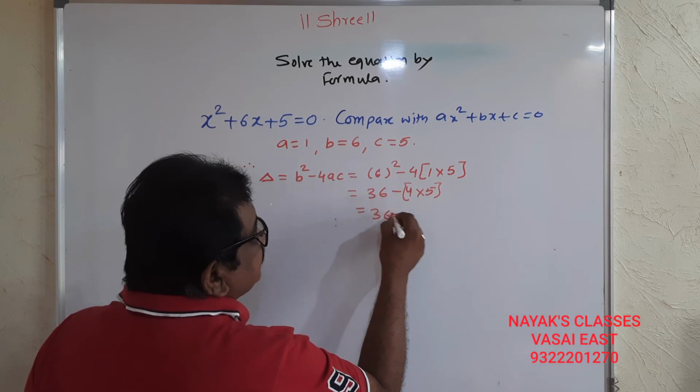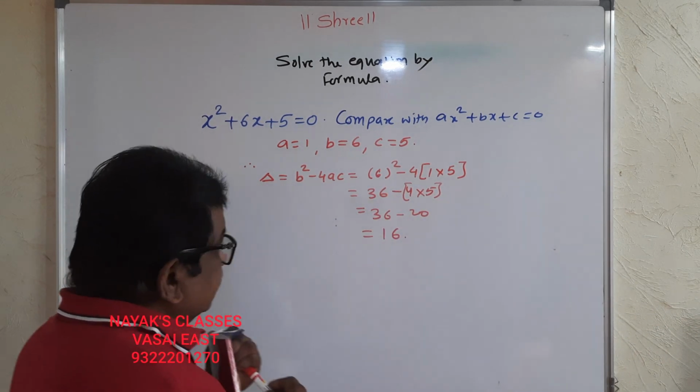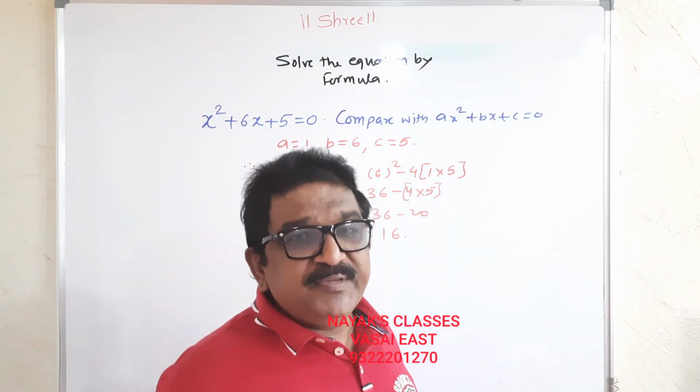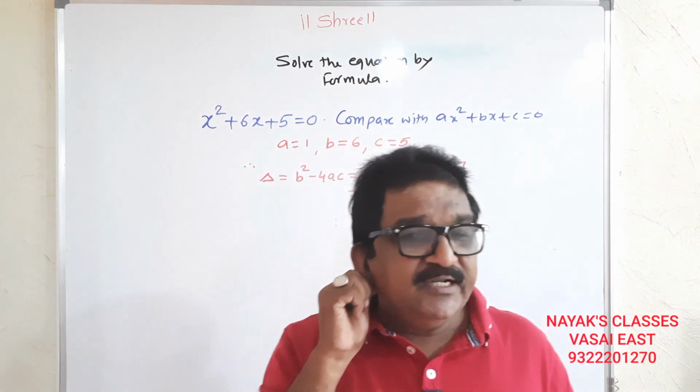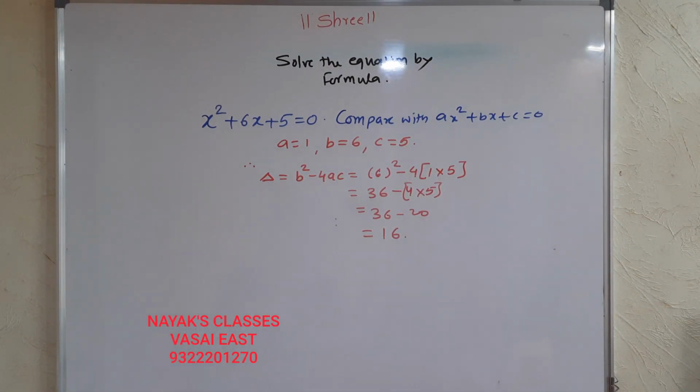So 36 minus 20 is equal to 16. We have found the value of b square minus 4ac. It is called discriminant.